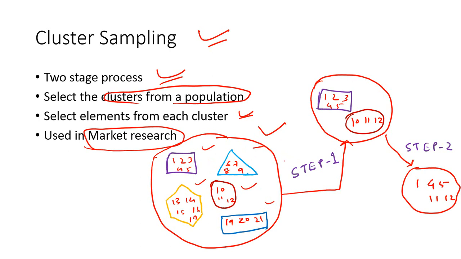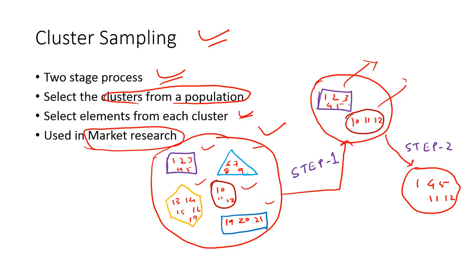Okay, now we have got 5 clusters in our population, and we will just select a few of these clusters. Let's say, for instance, we select 2 clusters of these 5 clusters randomly. So we will use random sampling to select 2 clusters out of these 5 clusters, and when we do that random experiment, we have selected the square and the circle, and from these clusters we select elements at random.